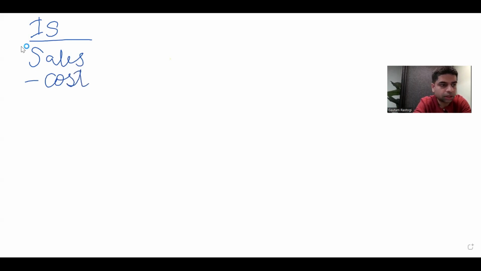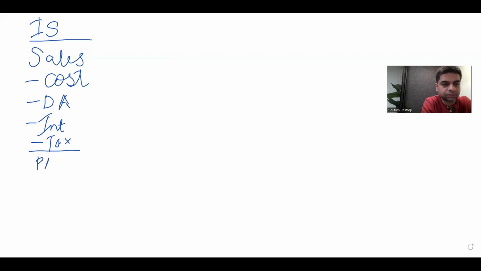And then after cost, you net off depreciation, amortization, very basic, and then you net off interest cost, then you net off tax, then what you're left with is profit after tax. This is broadly the income statement, the P&L.